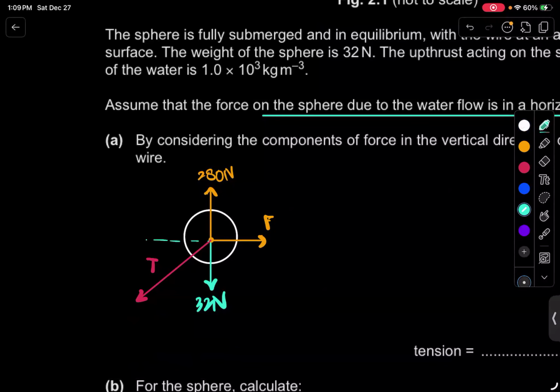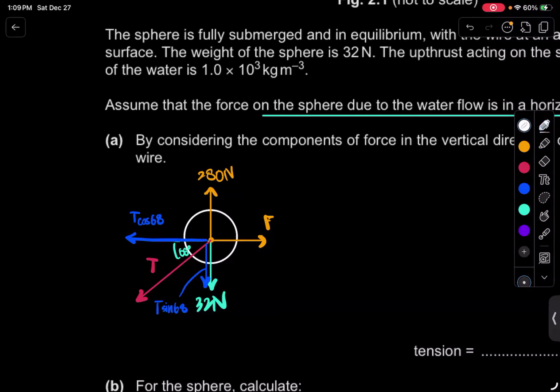So this vector is going to be T sin 68. No, it's going to be T cos 68 with the angle. And there's going to be a vertical component, and that vertical component is going to be T sin 68.